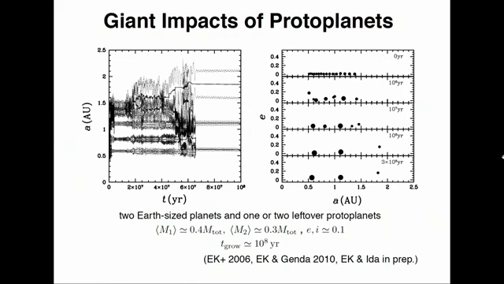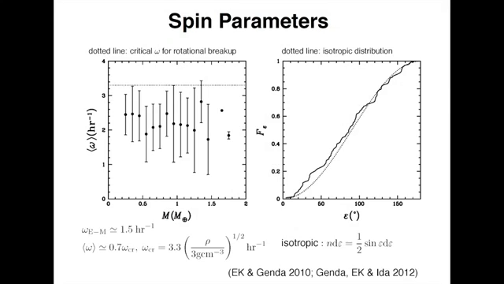Doing many simulations of this kind, we derived some scaling laws about the terrestrial planets. For example, the masses of the largest and second largest planets have this relation to the total mass of the embryos. Mean orbital eccentricities and inclinations are 0.1, which is higher than the solar system's terrestrial planets. And the growth time scale is about 10^8 years.